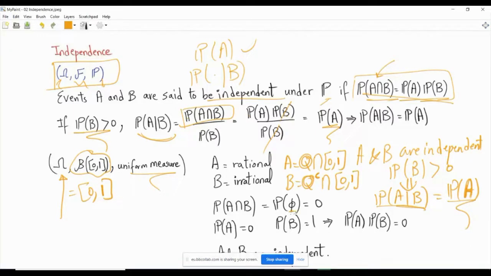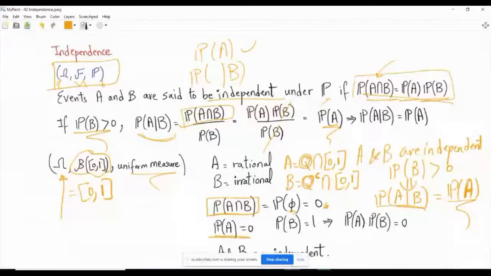So the intersection is empty, and so the probability of A intersection B is the probability of the empty set, and for any valid probability measure, this is equal to 0. So the probability of A intersection B is exactly equal to 0.